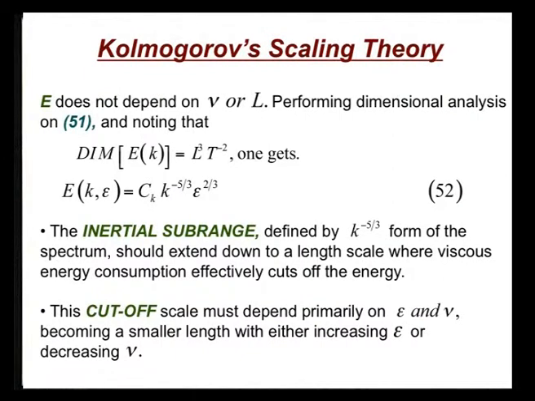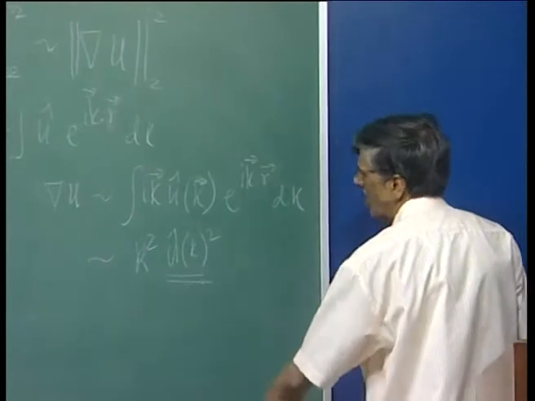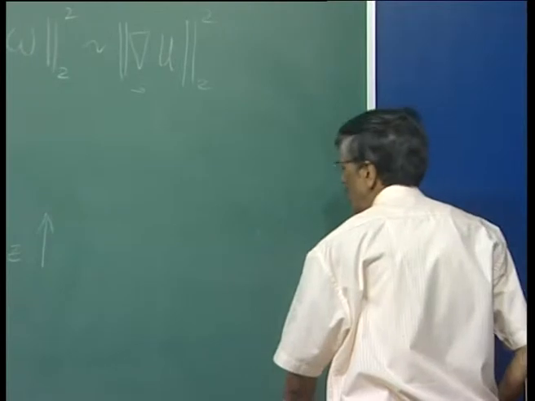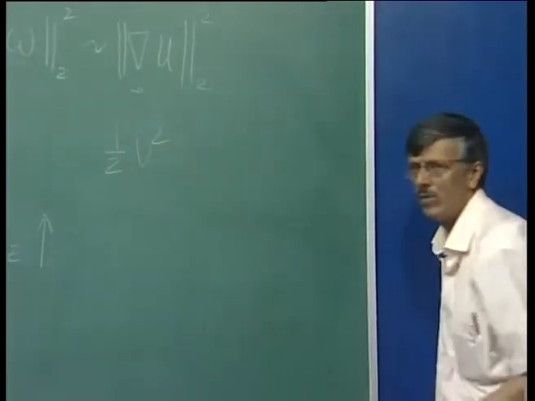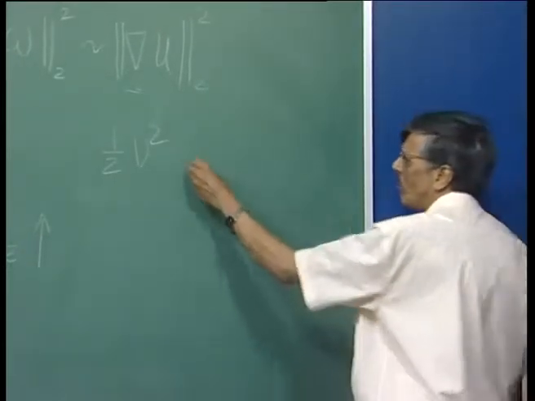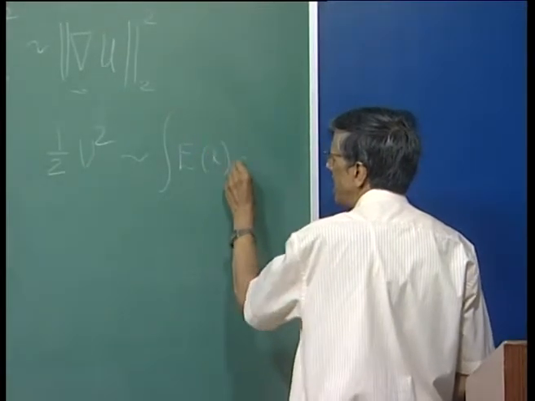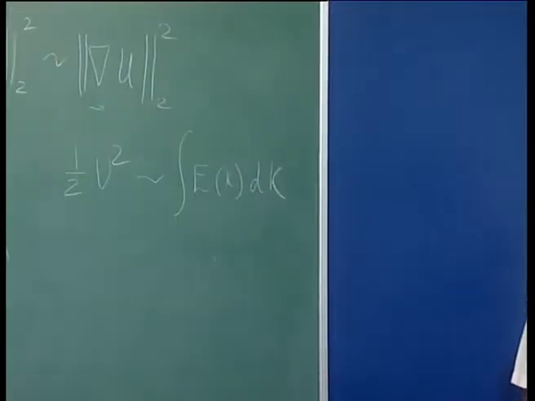Now, what about the dimension of E? How do we go about doing that? See, the dimension of E, if you recall, it is something like this. The energy is something like this, right? And what was it that we saw? That was E k d k. Fine. You agree with me? So, what about this then?